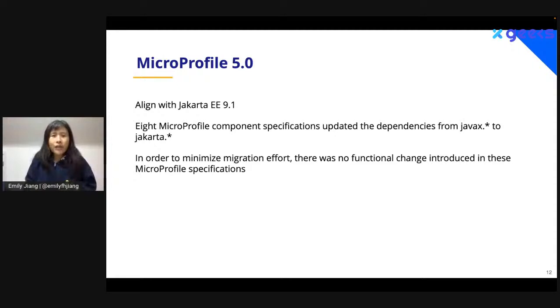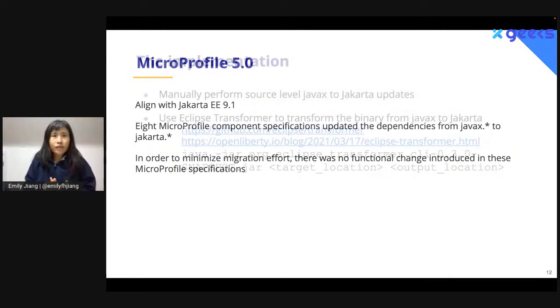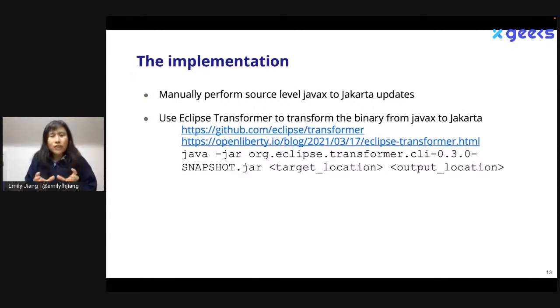We don't really want complicated things, so in order to minimize the migration effort, we said we don't want any functional changes introduced in these 8 specifications. The only change is the dependency change from javax to Jakarta. Even though it's only a dependency change, it's a huge amount of work for implementations, because even though the MicroProfile specs themselves haven't changed, the underlying dependency changed.